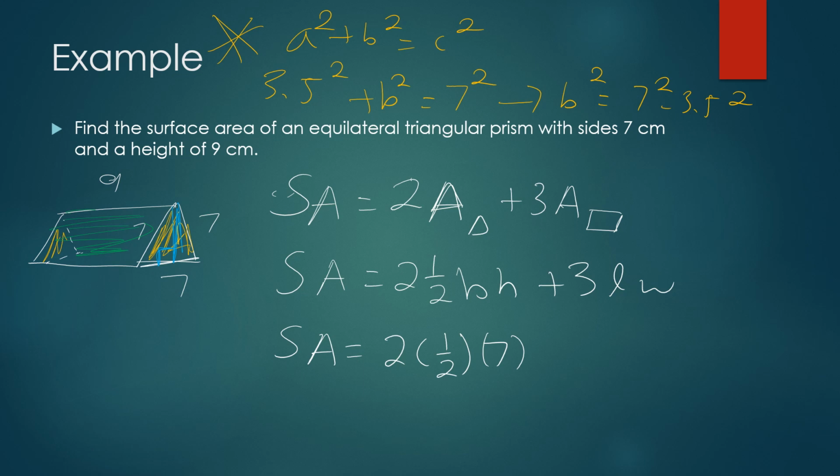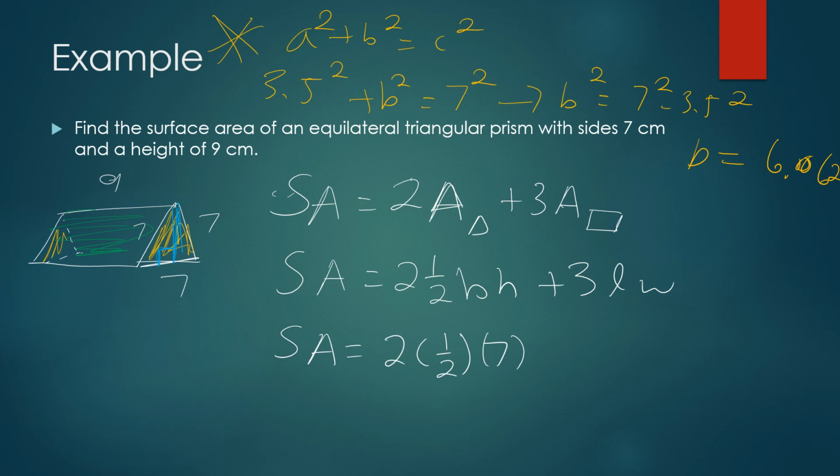So 7 squared is 49, then we'll subtract 3.5 squared. We'll get 36.75, and then we're going to take the square root of that. So B, in this case, is going to be 6.062.